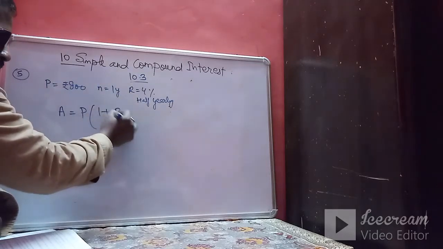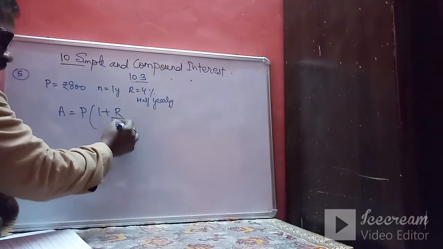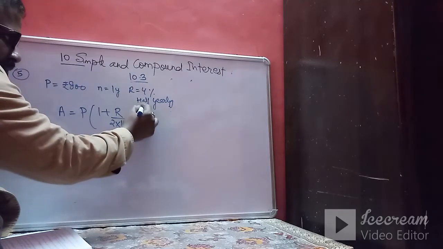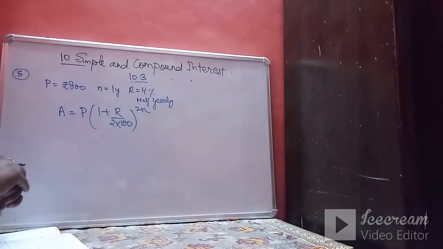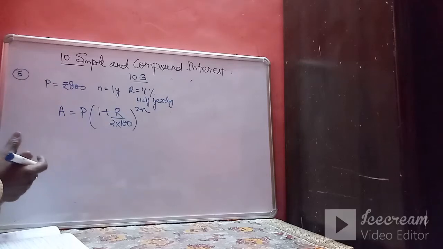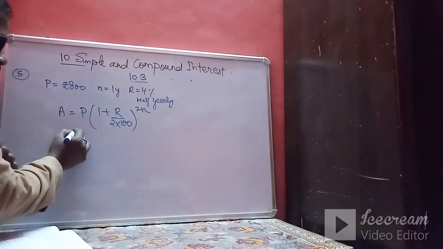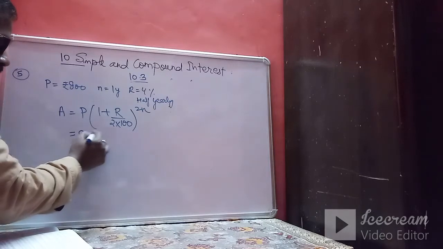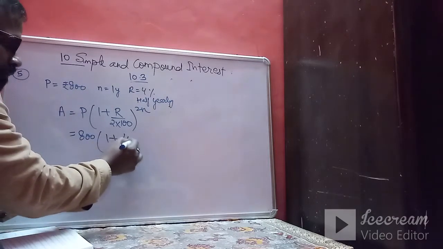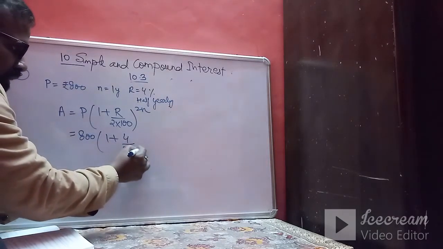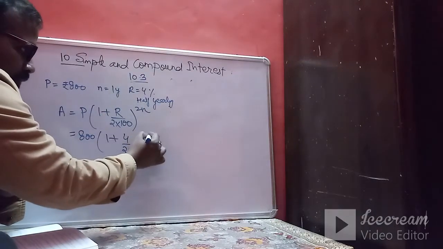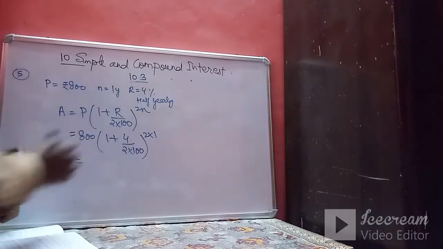Here the rate will be divided by 2 and the time will be multiplied by 2 for half yearly, because we know that in 1 year there are 2 half years. So let's put in the values. 1 plus 4 upon 2 into 100, and here it will be 2 into 1.